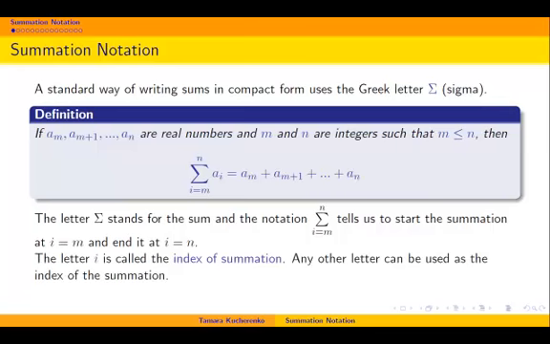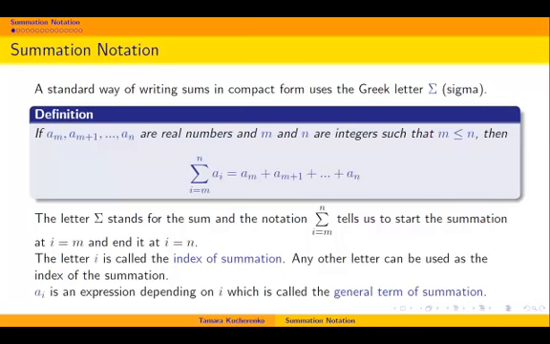The letter i is called the index of summation. Any other letter can be used instead as the index of the summation. a_i is usually an expression depending on i, which is called the general term of summation.